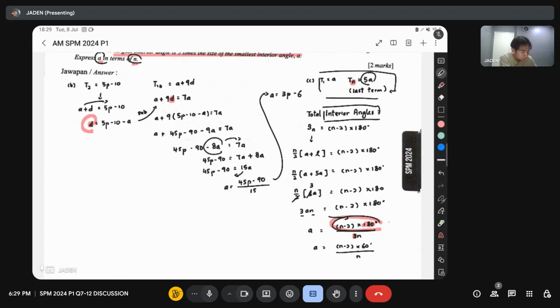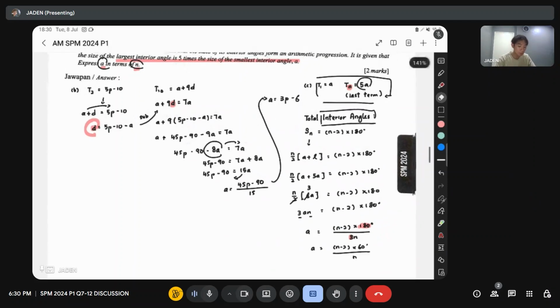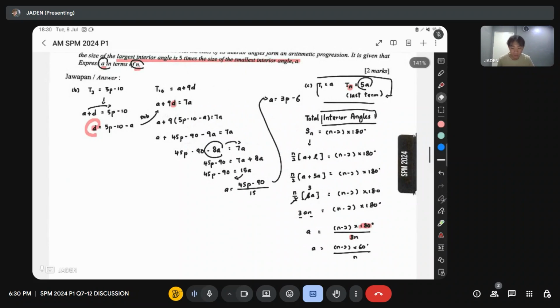If you expand it, 180 and minus this is 360, and this one doesn't make sense. It has nothing to do with the calculation of interior angles anymore. So you don't want to mix up the original formula for the total interior angles. And this is how you do a in terms of n. So B and C, we have done it, and that sums up question 7.